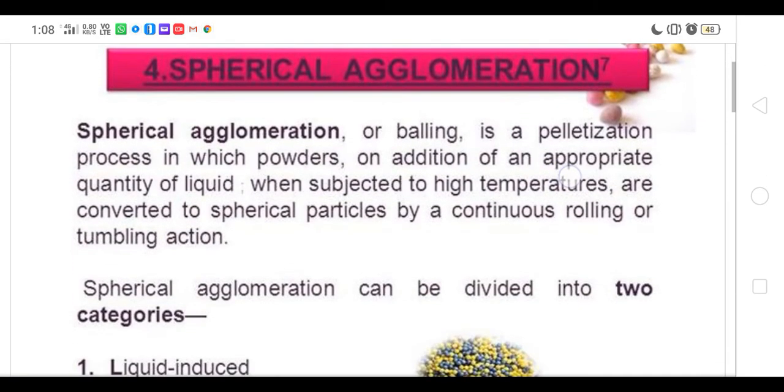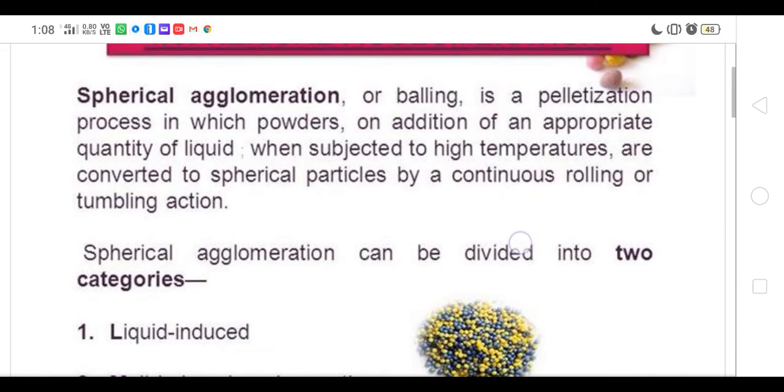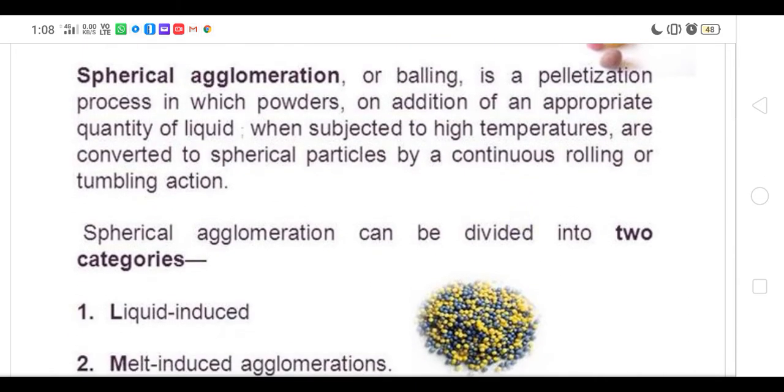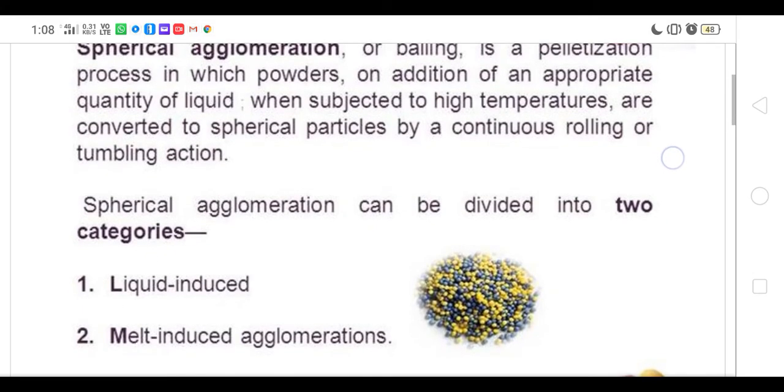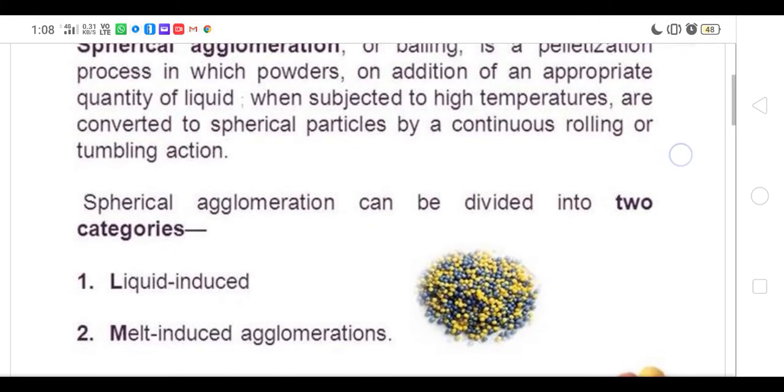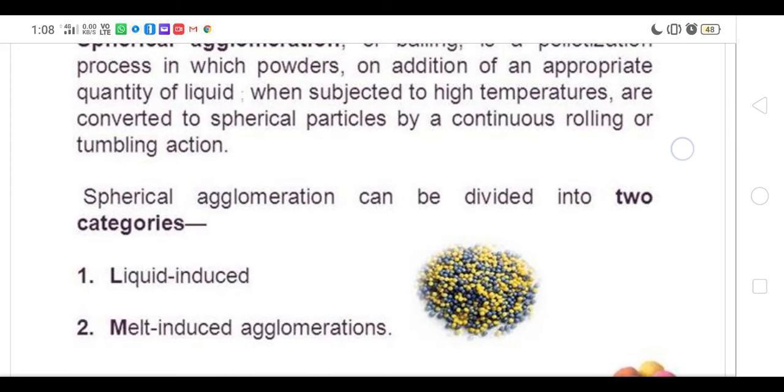Now next is spherical agglomeration. It is a pelletization process in which powders, on addition of liquid, are subjected to agitation, and spherical particles are prepared by rolling or tumbling action.